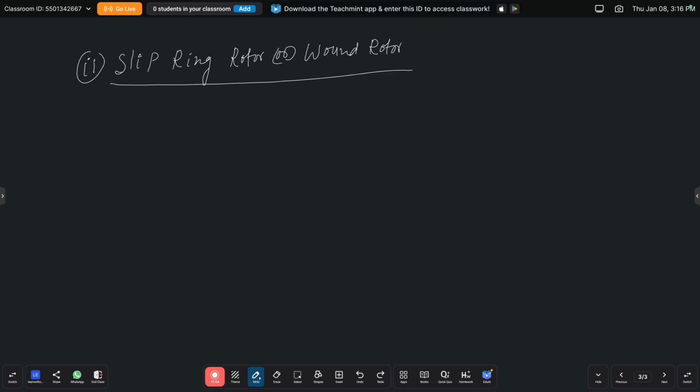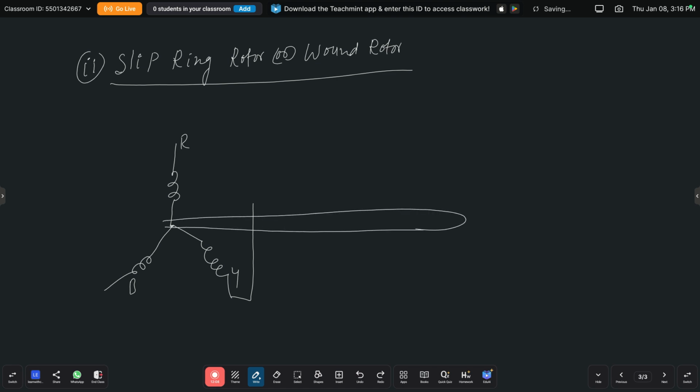This is the R phase, this is the Y phase, this is the B phase. The rotor is connected to the shaft.